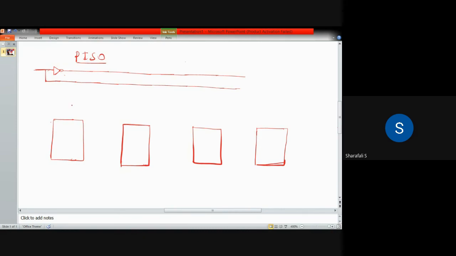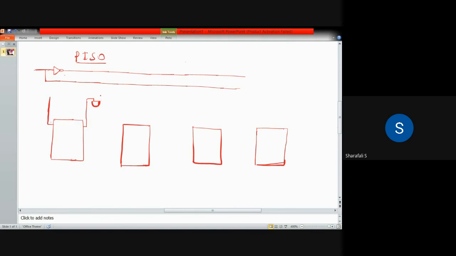So here we have the input, which is directly B1. Let's say this is your B1, and then you have this output, which has to be given to an AND gate.